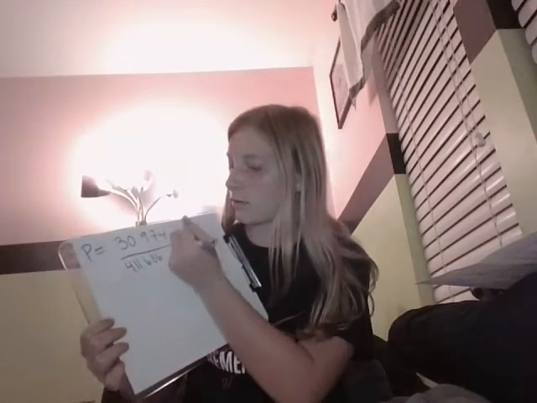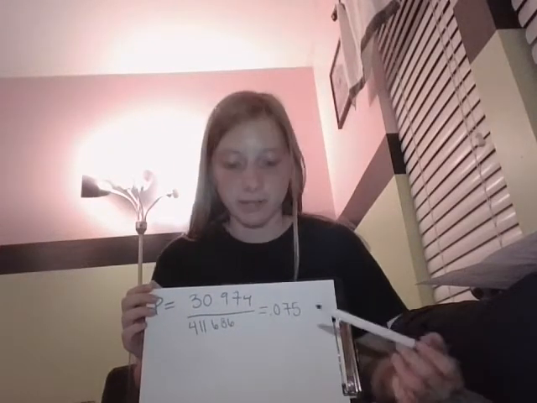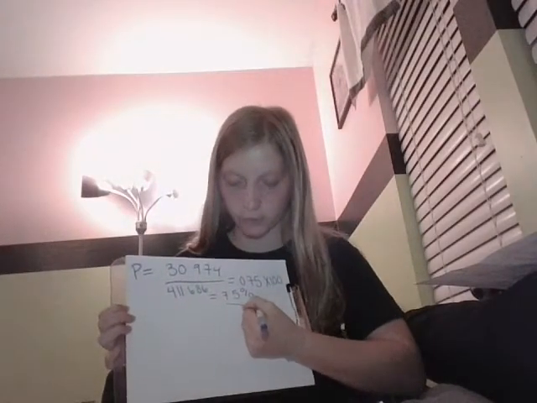So when we plug that into our calculator, we get 0.075. And what we're looking for is a percent. So step 4 is saying that when we find this, we need to multiply it by 100. So let's go ahead and do that. And that would give us 7.5%. So that would be our answer for phosphorus.